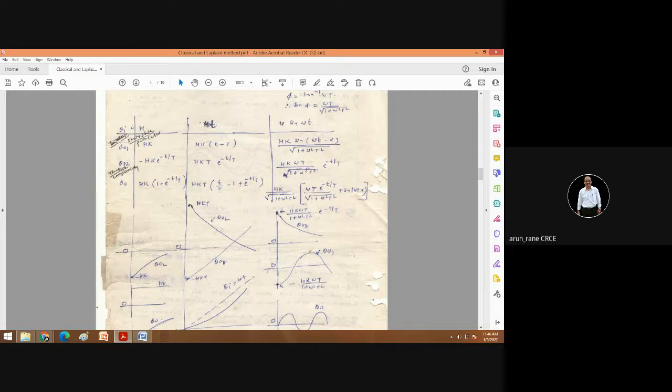If my disturbance is Ht, then my steady state response or particular solution is this, and this is for the sinusoidal. Is this clear? Yes, sir. Good. K is a gain constant, small t is the instantaneous time, and capital T is the time period, that is the time required to complete one cycle.